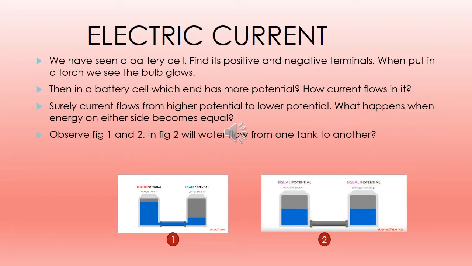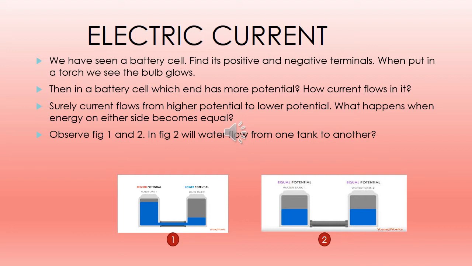See this slide. Here there are two pictures, picture 1 and picture 2. Easily you can recognize, in picture 1, water will flow continuously from the first tank to the second tank. But in the second picture, water will not flow from any tank because the level of water is the same in both. That is what we call equal potential.